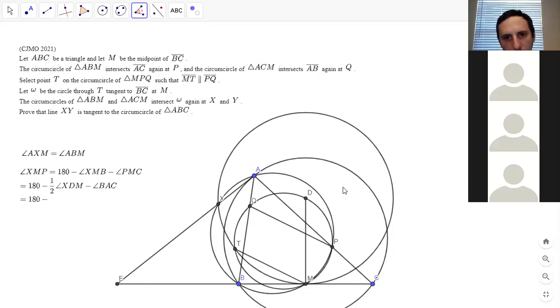Let's assume that XA is tangent and prove that the circle of XTM is tangent to BC. Okay, that's an interesting way to do it. So yeah, we want to show that this circle is tangent to BC. All right.